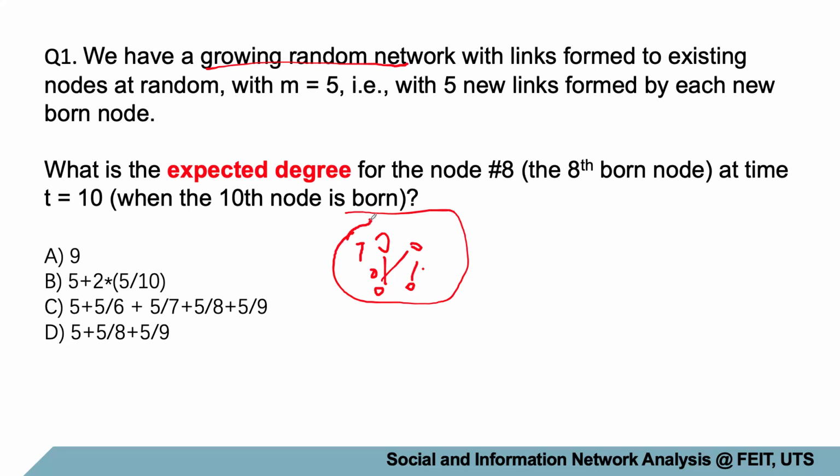So let's say we are adding the 8th node, which is node number 8. It will have 5 edges connected to these 7 existing vertices. So whoever they connect to, node 8 will have degree of 5, right?